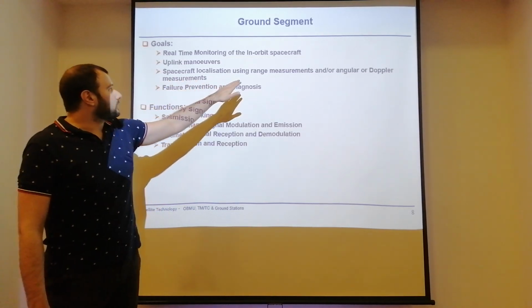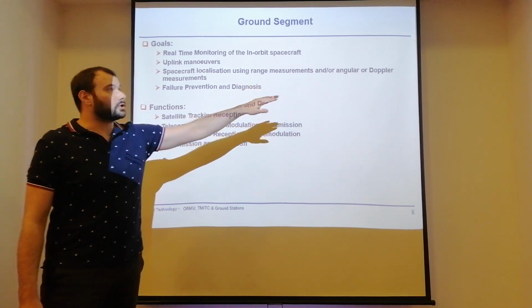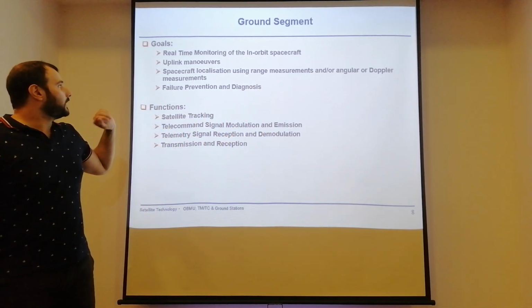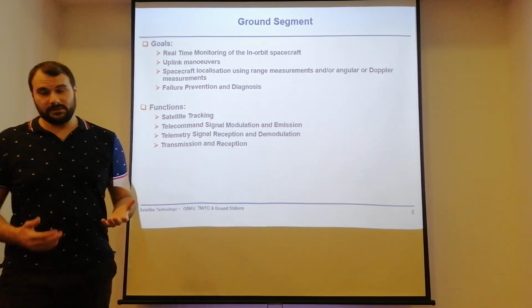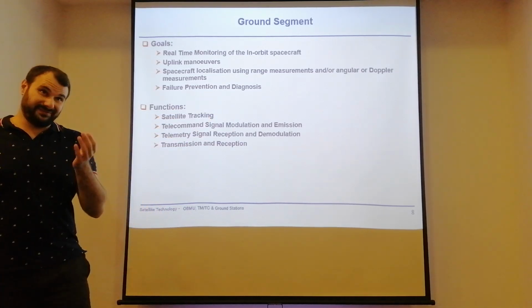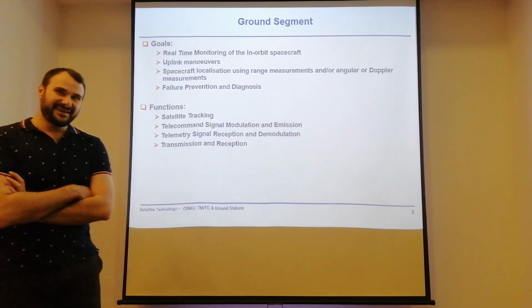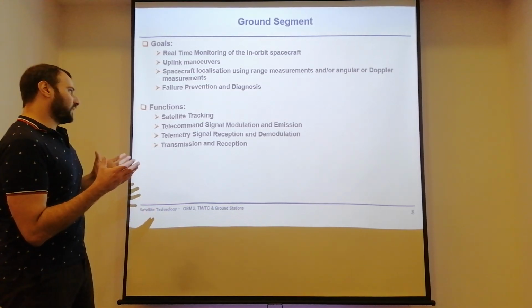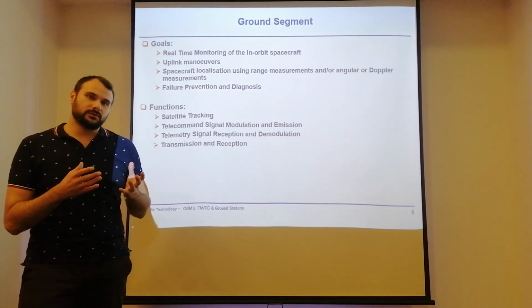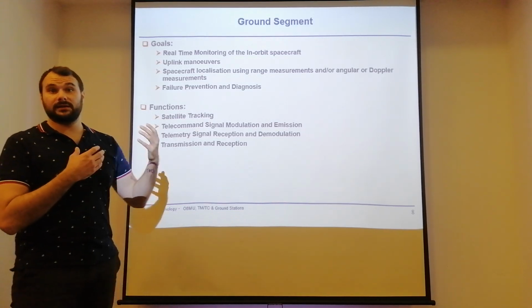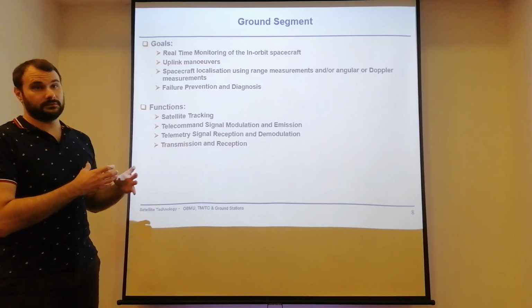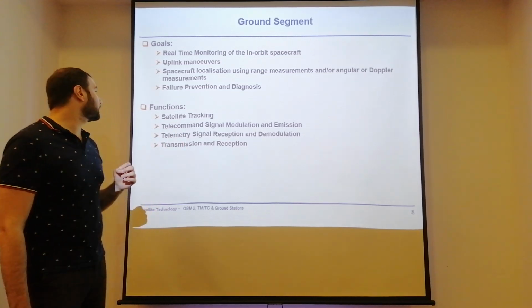It could be used for ranging or Doppler shift measurements. And of course, one of the main tasks is also the failure prevention and diagnosis. So if something happens, you want to detect it early on and want to work on this if the satellite cannot do it by itself with the FDIR detection.